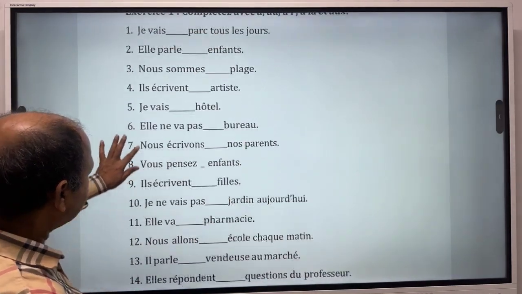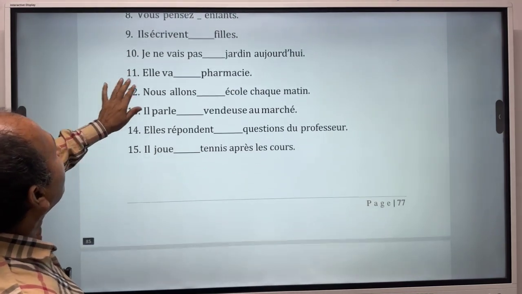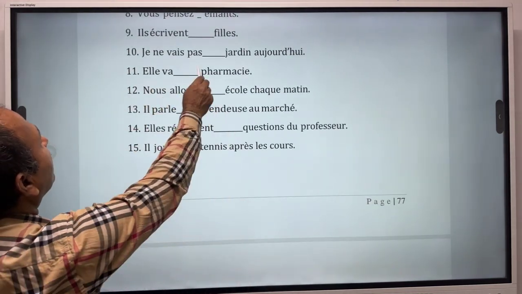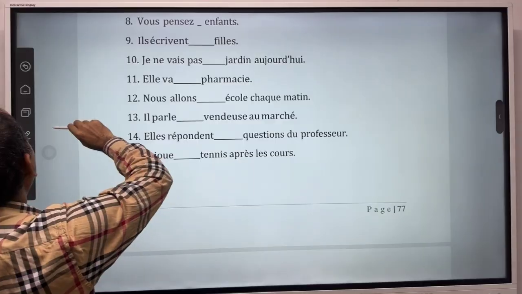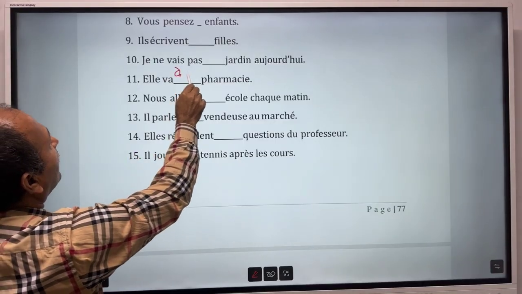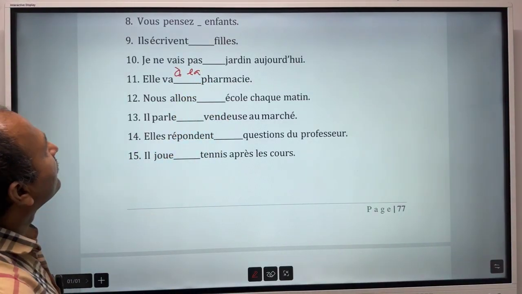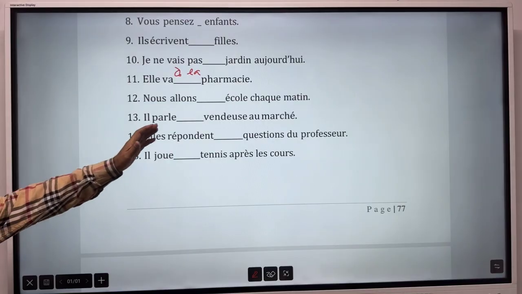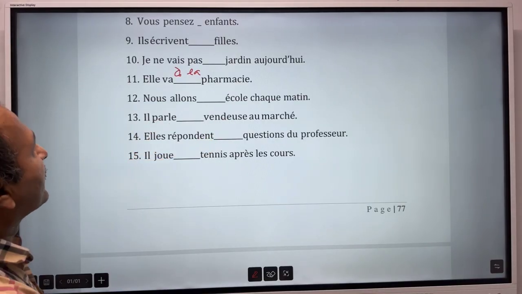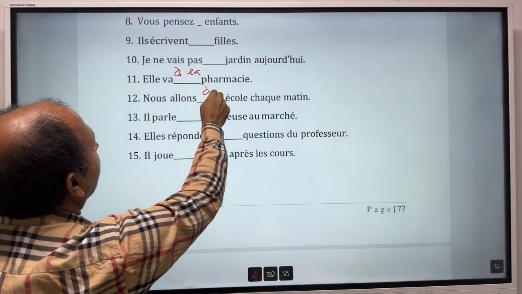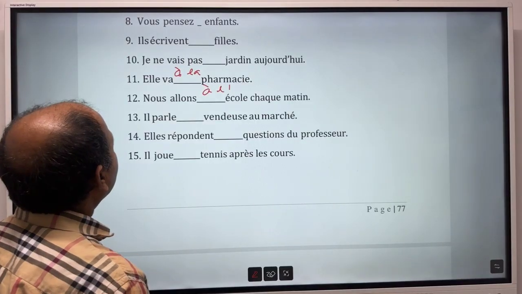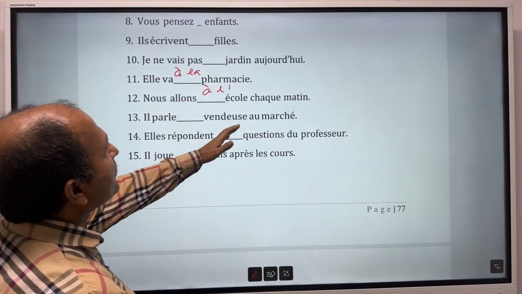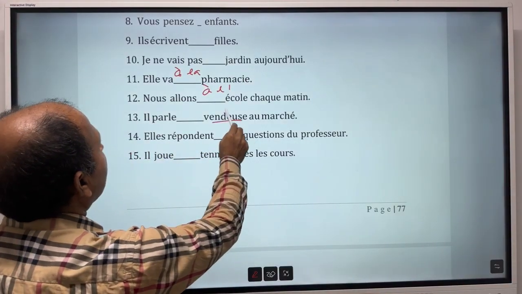Next one is elle va à la pharmacie. So here it will become à la pharmacie. Then nous allons à l'école chaque matin. So à l'école. Il parle à la vendeuse au marché. Vendeuse is feminine singular.